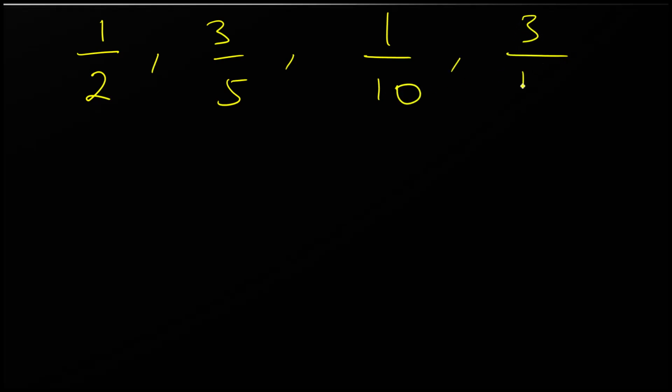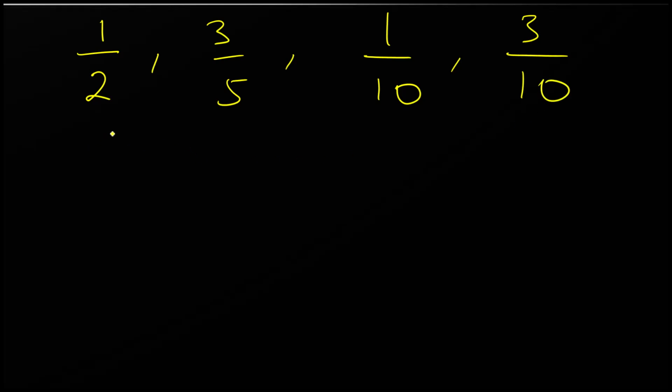Now, we want to talk about different denominators. Now, the situation whereby denominators are not equal. For instance, when we have 1 on 2, 3 on 5, 1 on 10, 3 on 10.